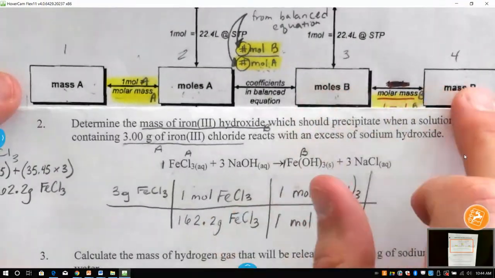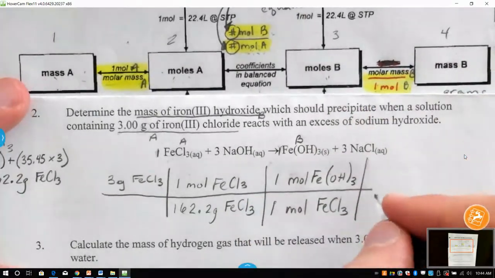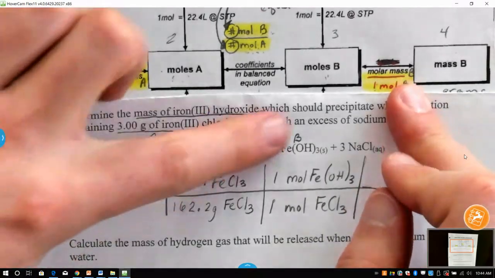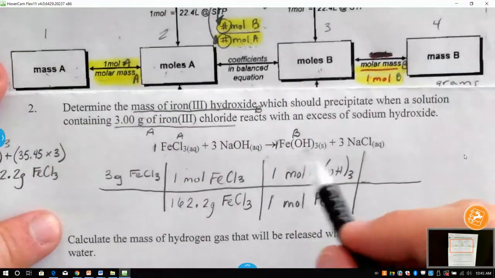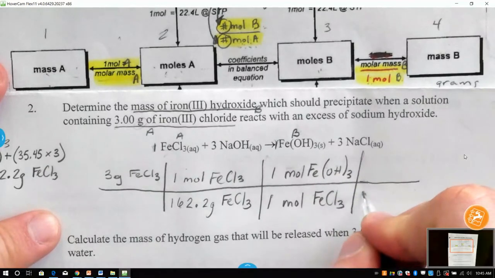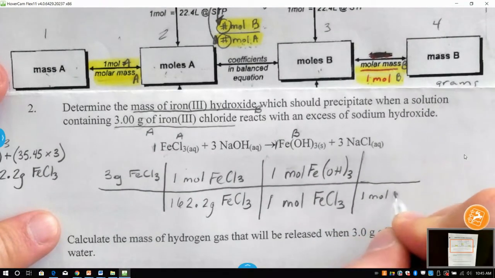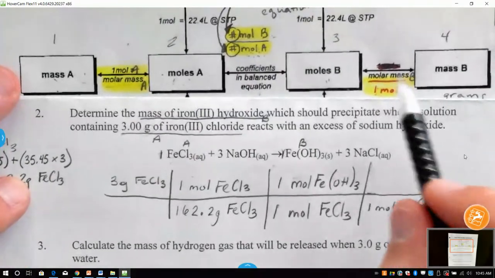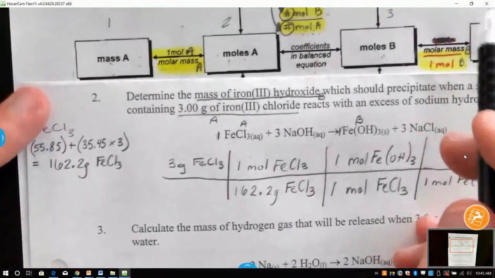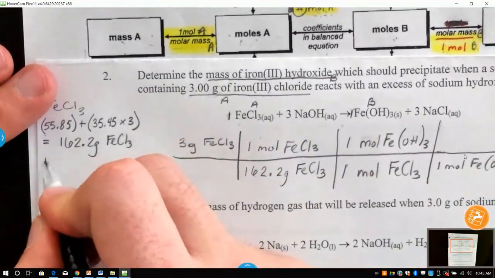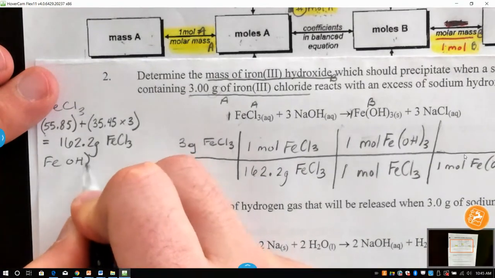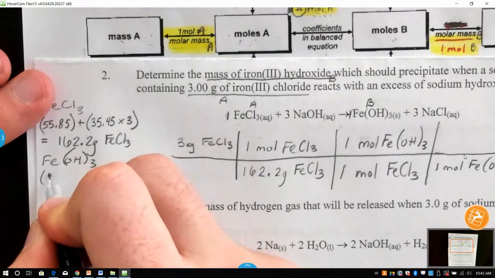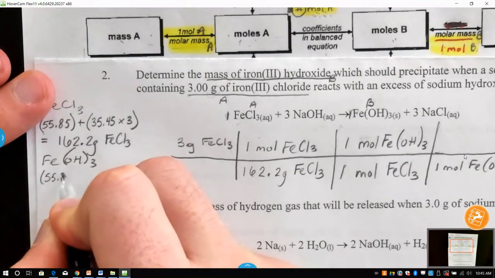Now, to go from 3 to 4, we have to have this as our last conversion. So it says 1 mole of substance B on the bottom. B was the Fe(OH)3, so we have 1 mole of that on the bottom. And on top it wants the molar mass of substance B. So again, I left space over here for that reason. Okay, iron, we already looked up from the guy above, so it's 55.85.